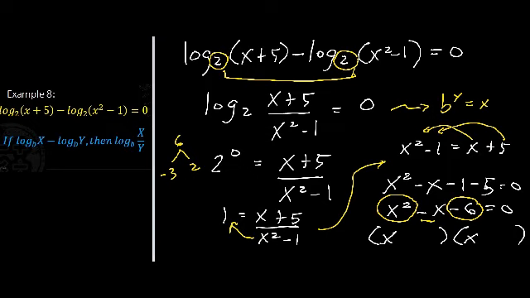So, we have here minus 3 and plus 2. And the final answer will be expressed as x is equal to 3 and x is equal to negative 2. Okay, this is the answer in our logarithmic equation. Okay, and that will be all for now.